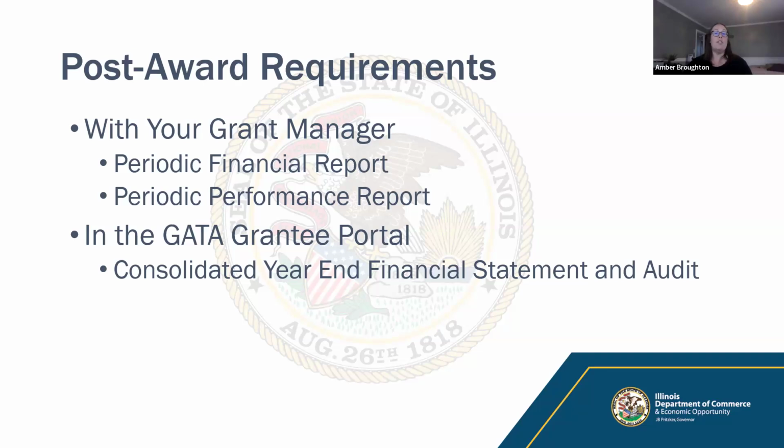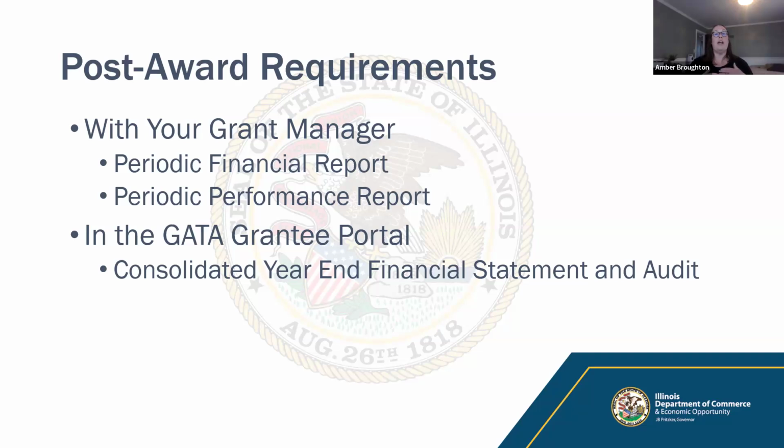Also want folks to keep in mind that an audit will be required for grantees that have state expenditures during their fiscal year. So you are going to be submitting your audit documents in the GATA grantee portal. What type of audit is needed for your specific grant or entity will be determined through a questionnaire called the certification form in the GATA grantee portal.